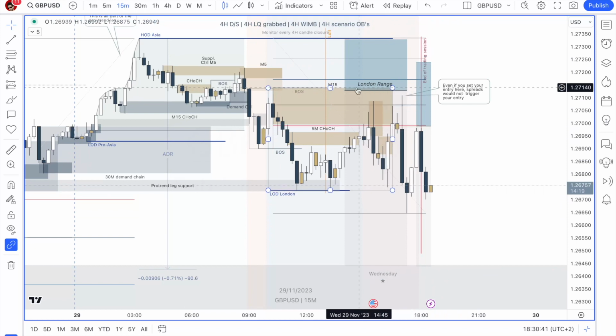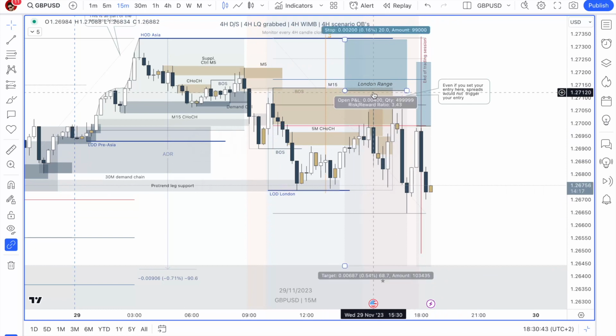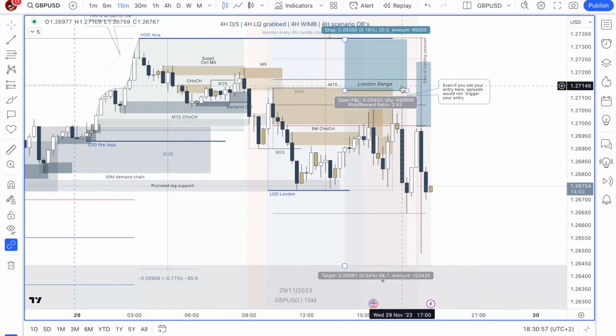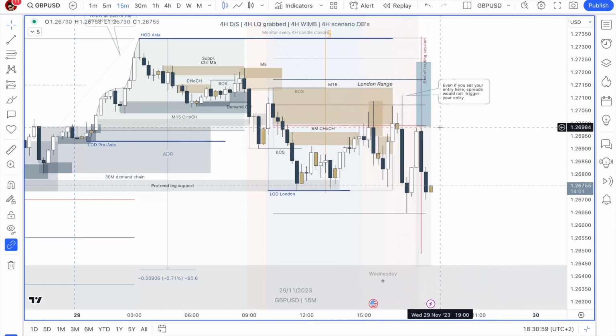However, my entry requirements require that one side of the range be liquidated prior to entry. So I set my entry here, assuming that the range would be liquidated there, and then we'd run to the other side. However, that didn't materialize, so this trade didn't play out.